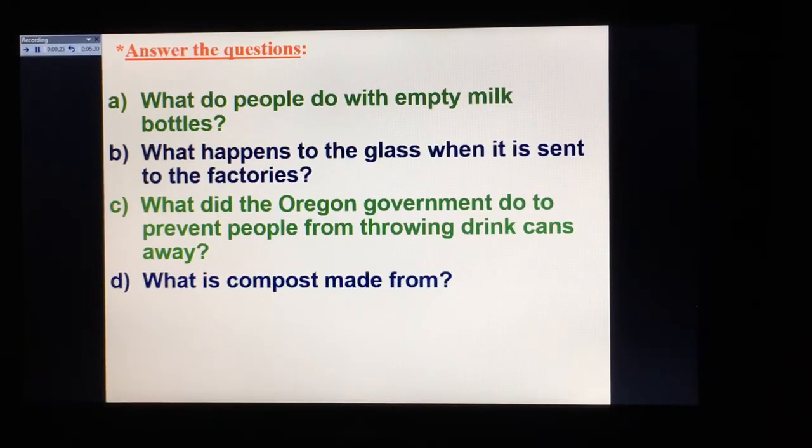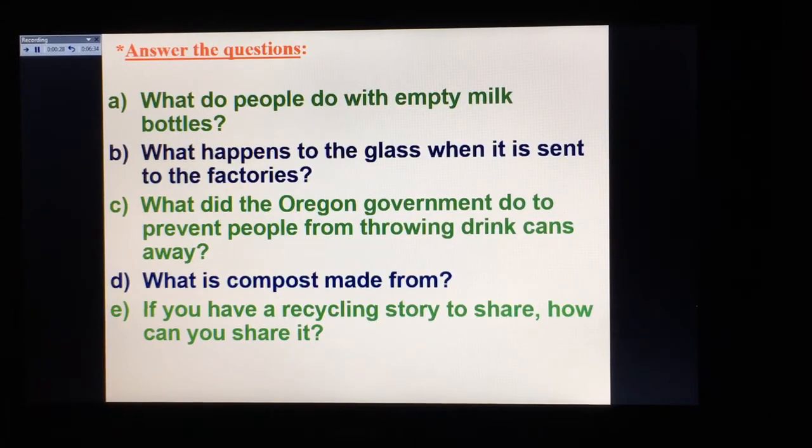And question D. What is compost made from? And question E. If you have a recycling story to share, how can you share it? Now you read the text again one more time, and then you answer the 5 questions on your notebook in 5 minutes. But you should stop the video to do that. Now I move on.